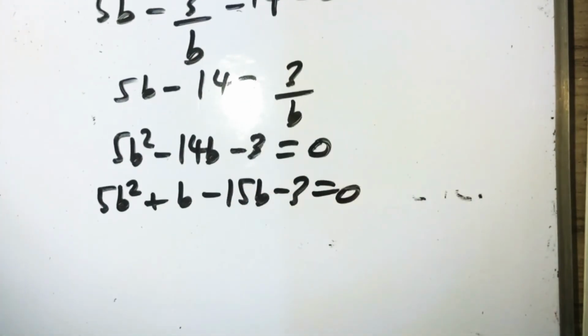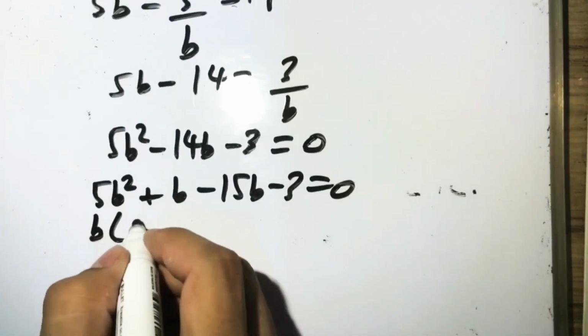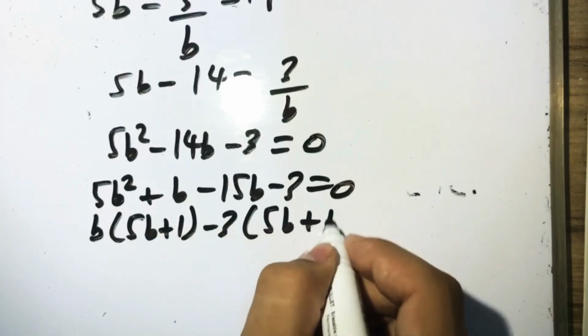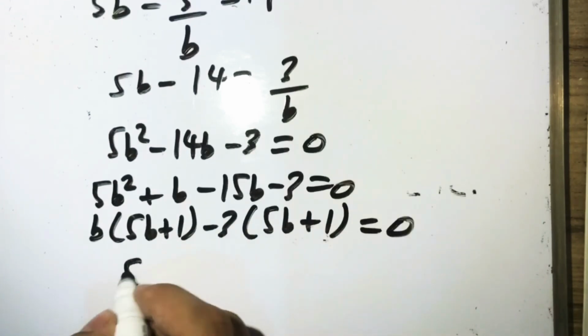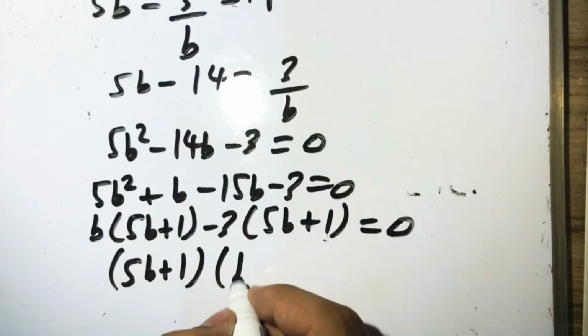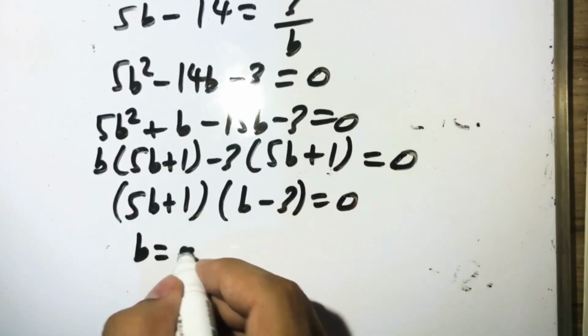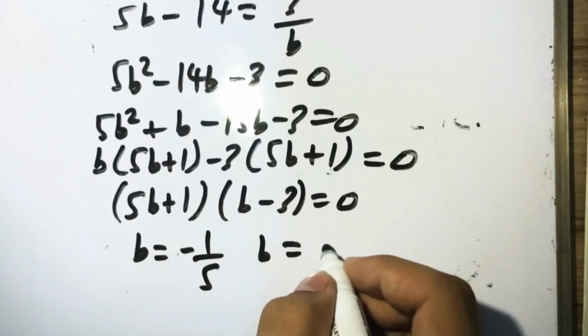We broke the middle term, simplified. Now taking common, b common, 5b plus 1 minus 3, 5b plus 1 equals to 0. So over here b is either equals to minus 1 over 5 or b is equals to 3.